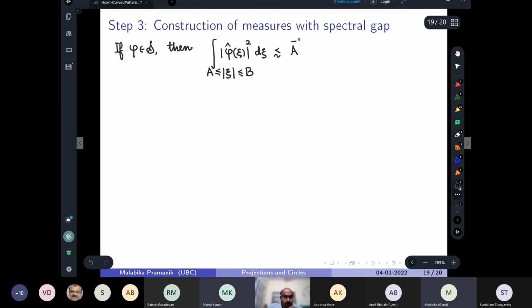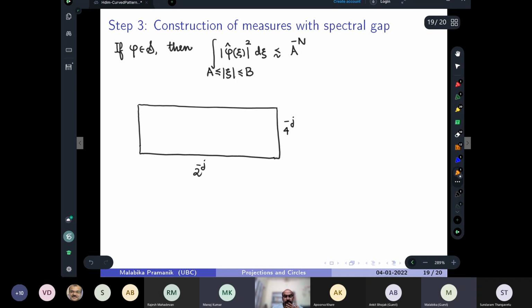Okay, so what they do is they take these parabolic rectangles, which are rectangles of the form roughly 2 to the minus j on one side and 4 to the minus j on the other side, and Kuca, Orponen, and Sahlsten find a way of looking at children of these.